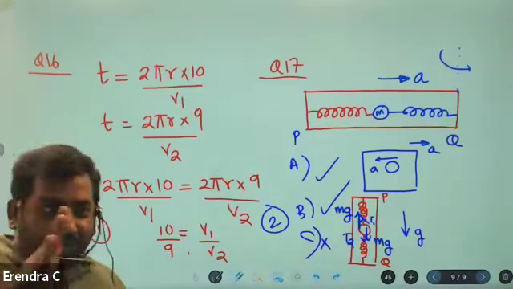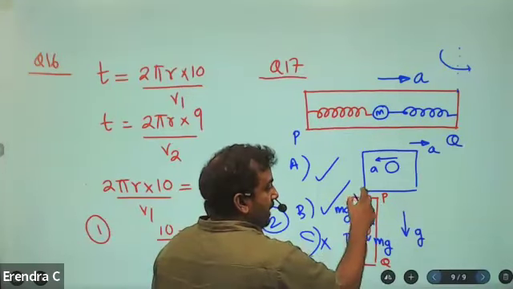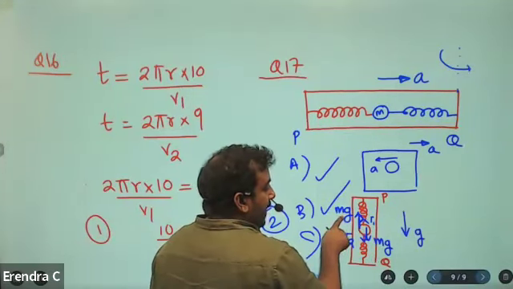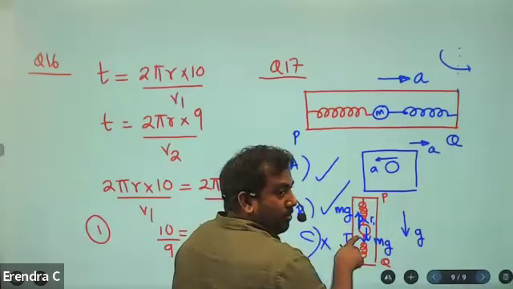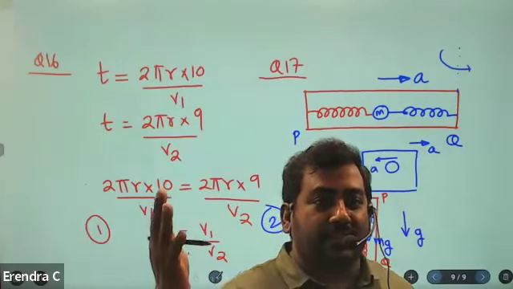You might make this mistake. You might think the pseudo force upward will make it go towards P. It can't go. Mg is here, and this mg cancels it. It's like there is no weight, so it stays at the same place.